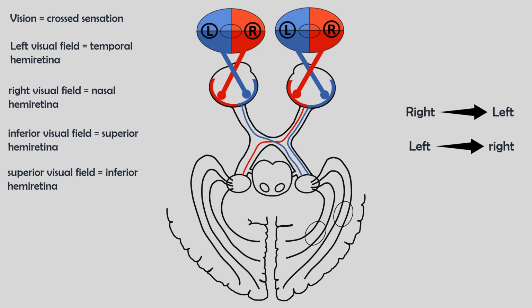Now the temporal hemiretina of the left eye receives visual information from the right visual field, and anything from the right goes to the left, so these fibers move backwards on the same side to become ipsilateral. One more thing to notice is that the fibers which cross are contralateral, and those on the same side are called ipsilateral fibers.